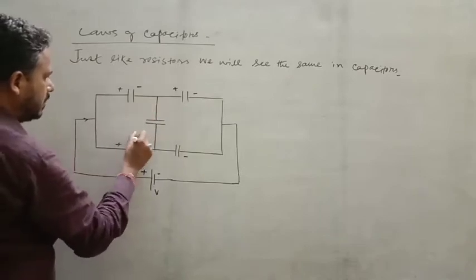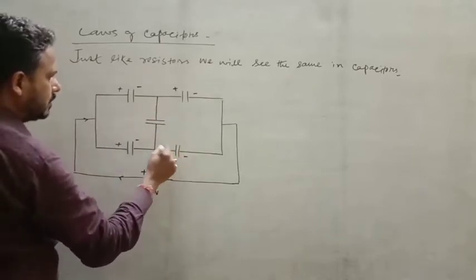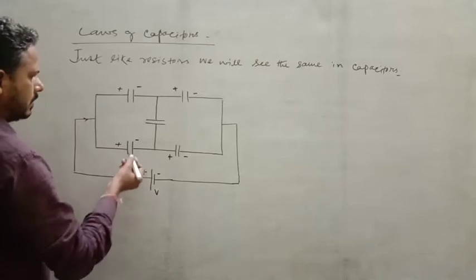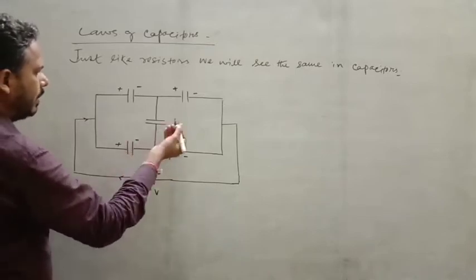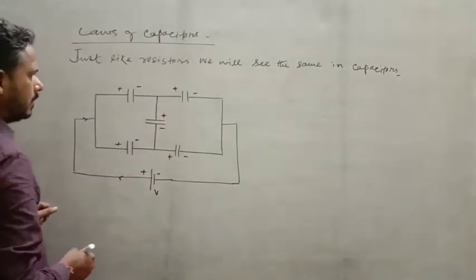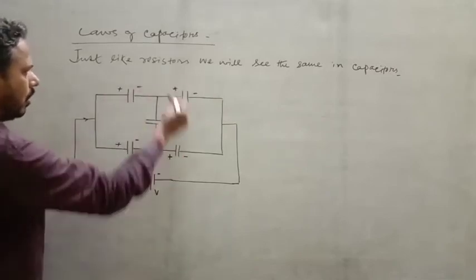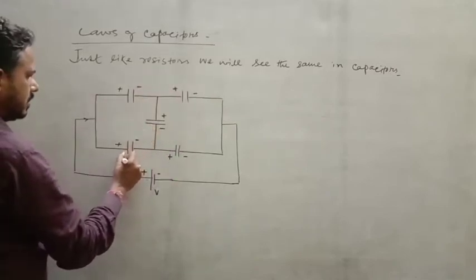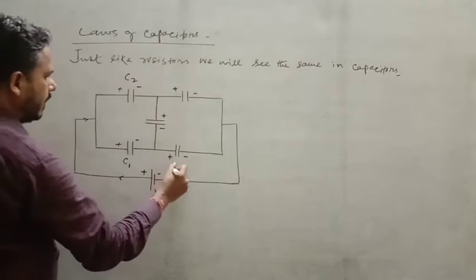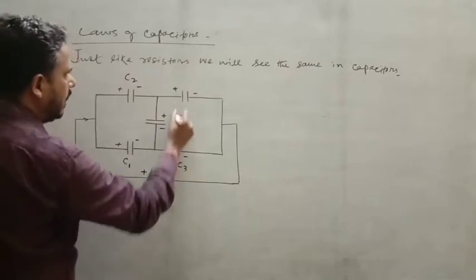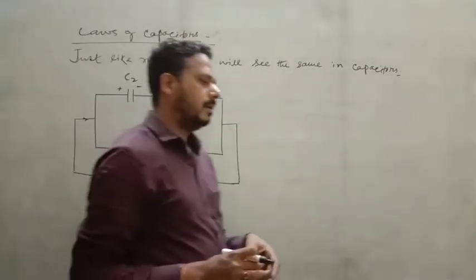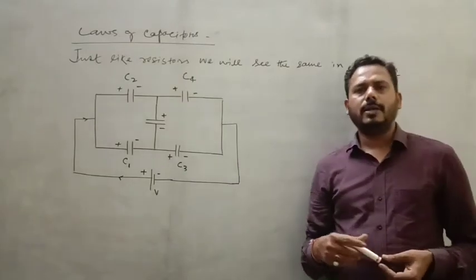Name all of the capacitors: this one is C1, this one is C2, this one is C3 and this one is C4.